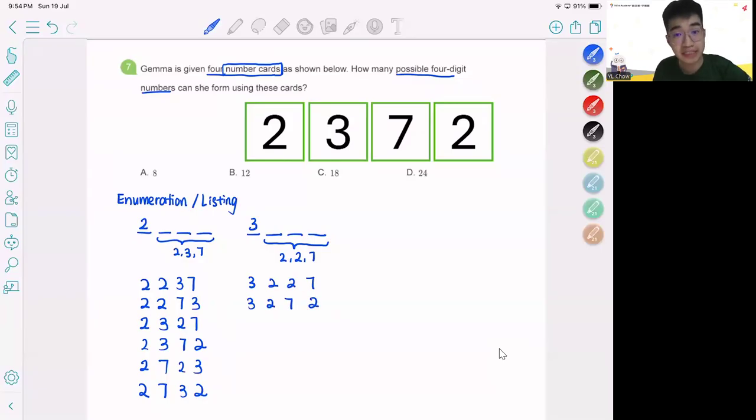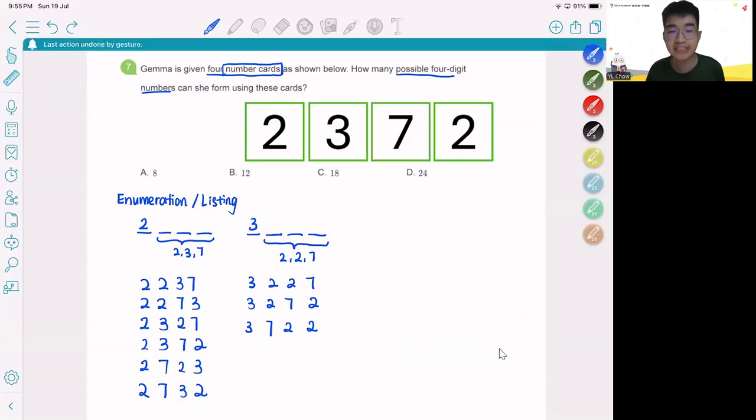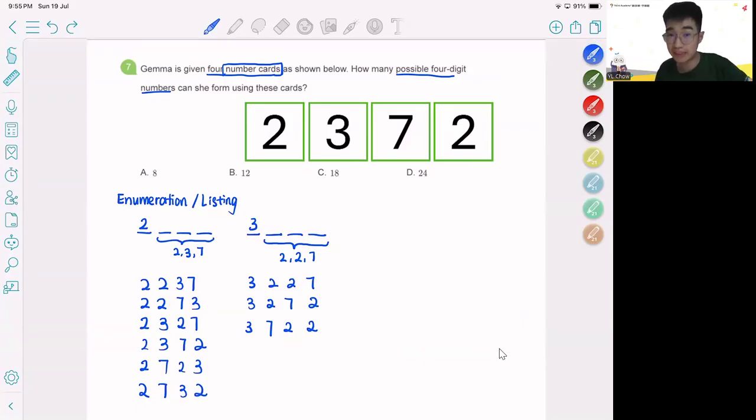These are all the cases where I have 2 at the hundreds place. Then moving on, I will have 7 at the hundreds place, and then the remaining two 2s at the tens and ones. Now you might think, can I swap the two 2s and get a different number? No, because they are identical digits. Swapping the order will still give me the same four-digit number. So that is the case where 3 is at the thousands place.